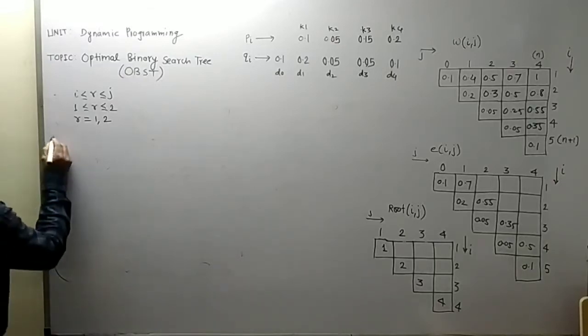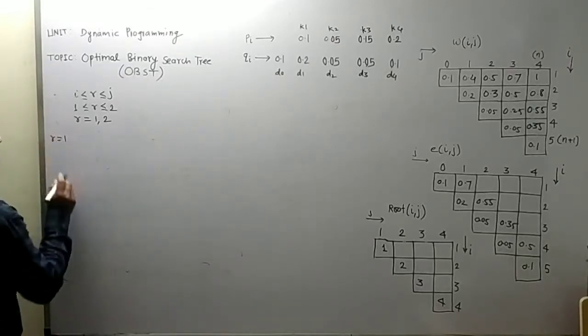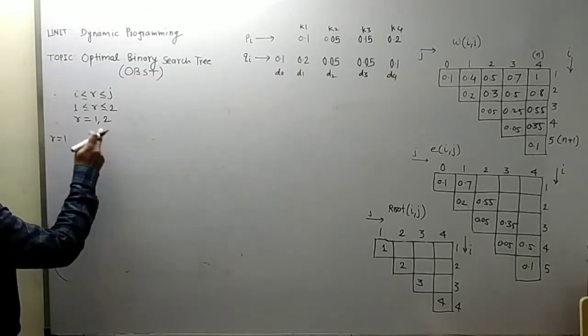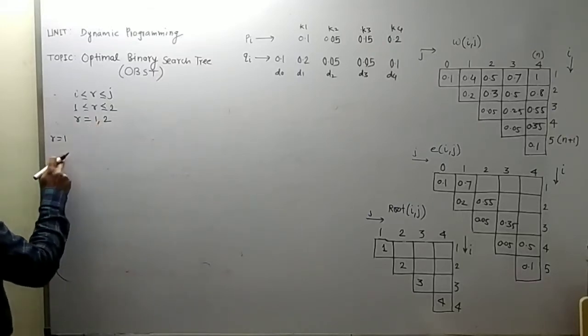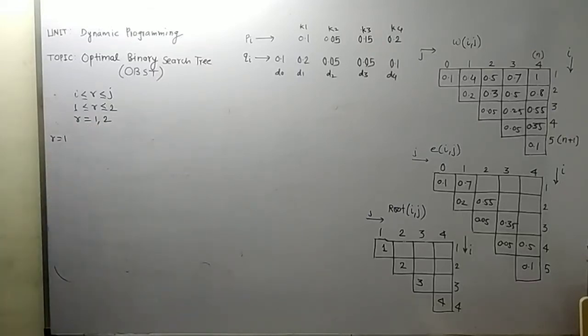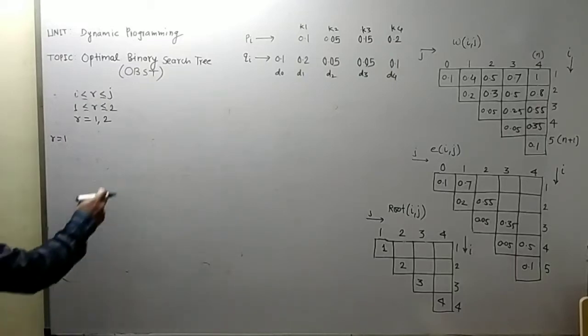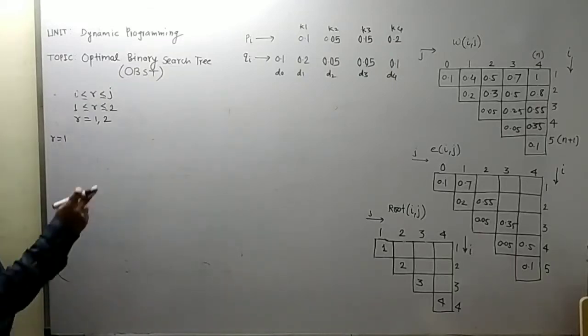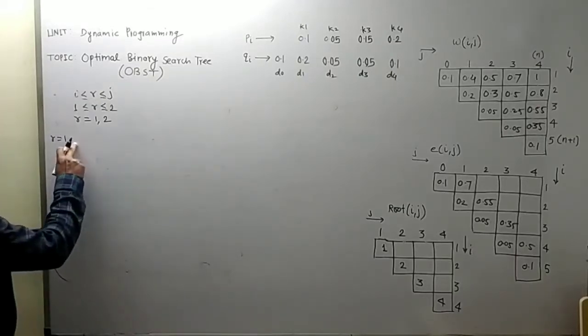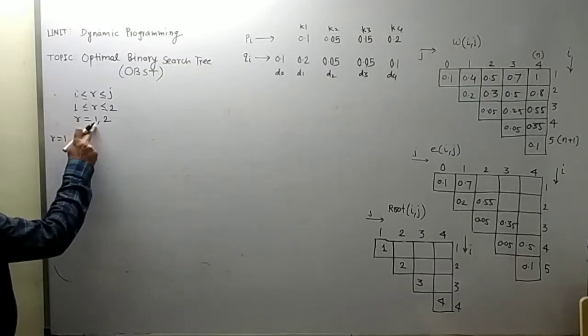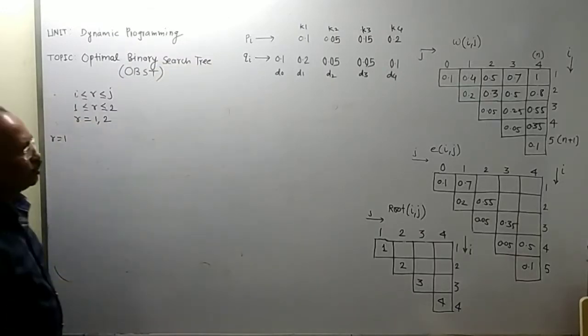First we consider R equal to 1 to get the first value. Then consider R equal to 2 for the second value. Out of these we have to consider the minimum value. Now let us see how we will get the two equations, one for R equal to 1, another for R equal to 2.